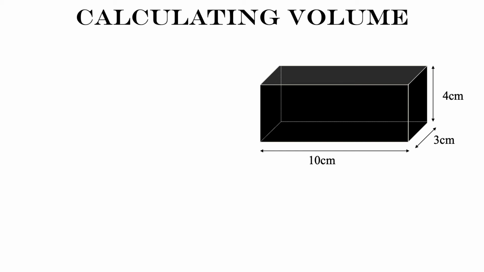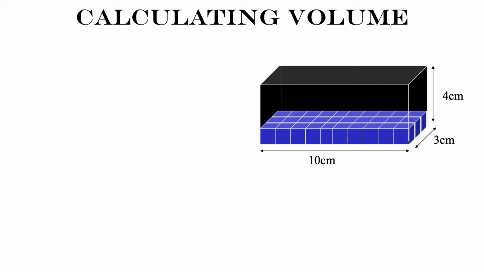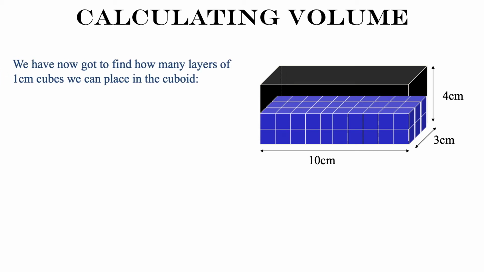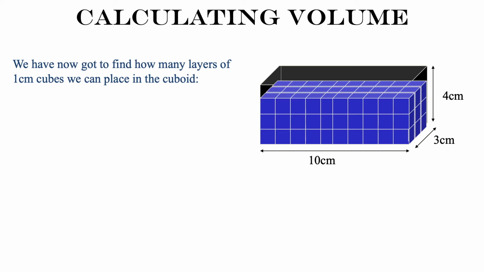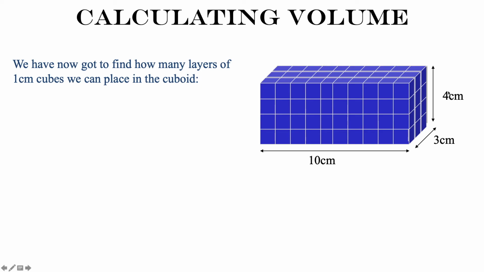If we take the approach of putting the cubes in the cuboid, you will have another layer of 30 at the height of 2 centimeters, then another layer at the height of 3 centimeters, until you get to the fourth layer of this height.